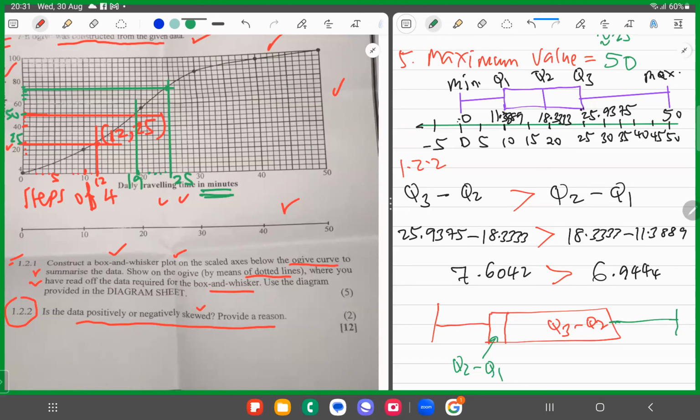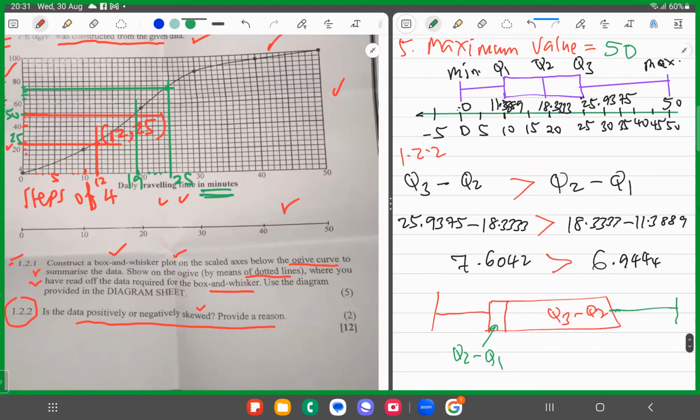So this means that it is positively skewed. Okay, you can say it is positively skewed.